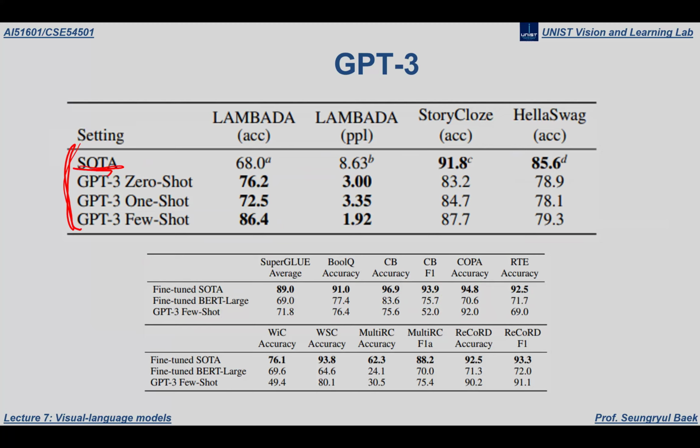The state of the art is the fine-tuned, supervised-learned model's performance on diverse tasks. But GPT-3, even without seeing any data during training, which means the zero-shot setting, can be better than the previous state of the art for some tasks. Even given one shot, it can be very powerful, and with few-shot tasks it is also very powerful.